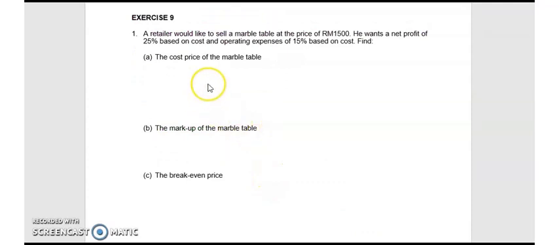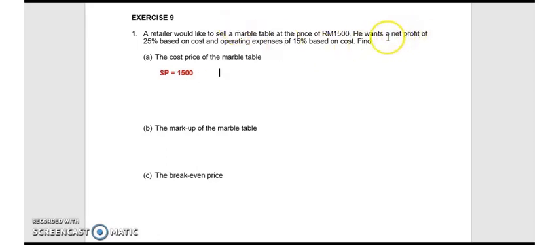Now let's look at exercise 9, number 1. A retailer would like to sell a marble table at the price of 1,500. Selling price, SP, equals 1,500. He wants a net profit of 25% based on cost.